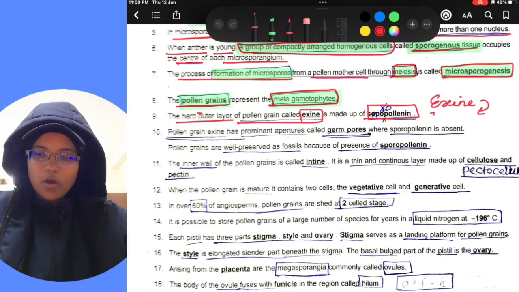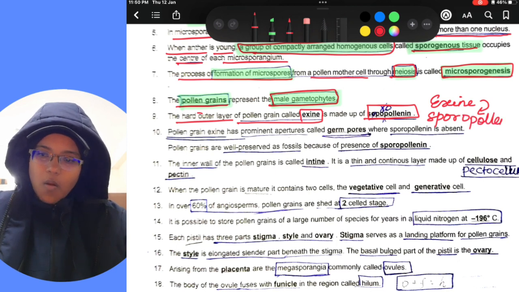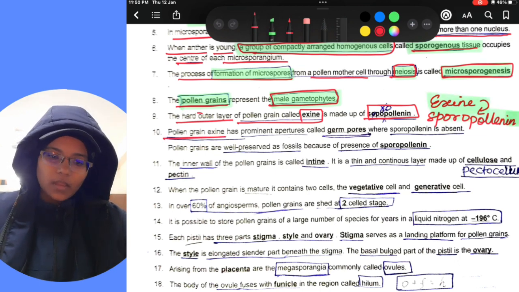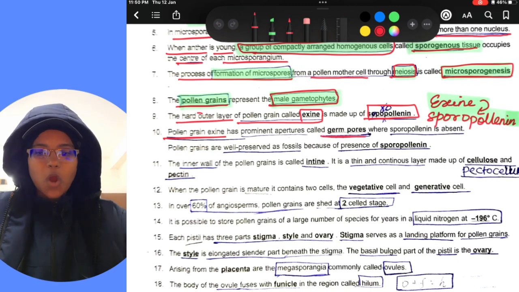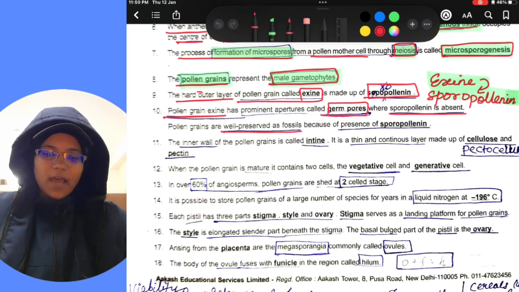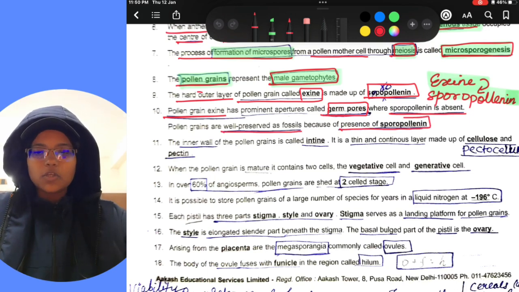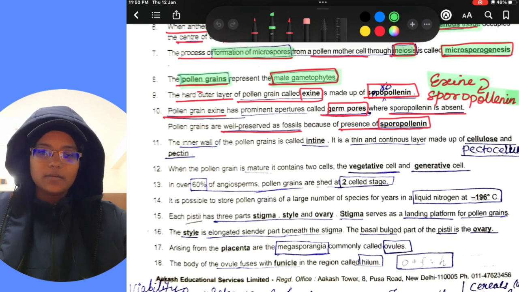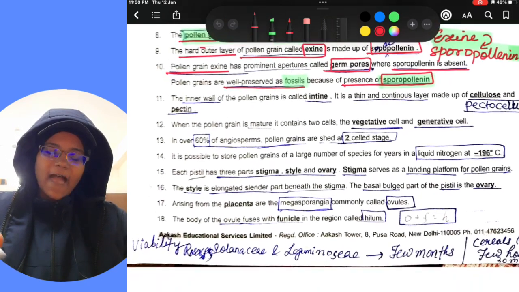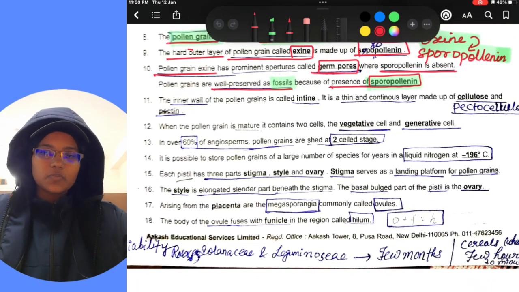The exine has prominent apertures called germ pores where sporopollenin is absent. Pollen grains are well preserved as fossils because of the presence of sporopollenin.